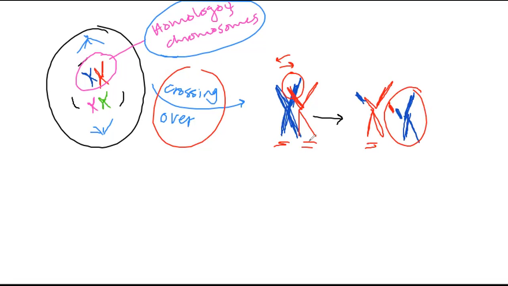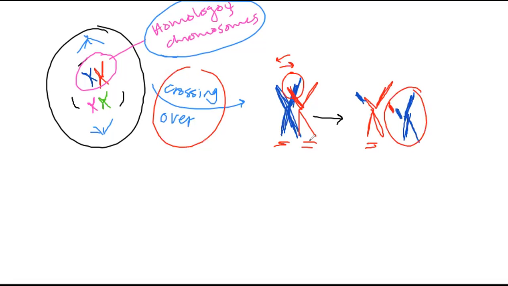So every time during formation of sperm cells in males or egg cells in females, the sperm cell or the egg cell will have a new combination of DNA, which is different from other sperms and other eggs. That's why every time your father and mother give birth, your brothers or sisters are not identical to you, although you have the same DNA from the two parents.